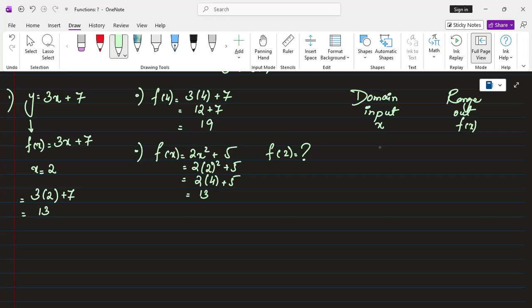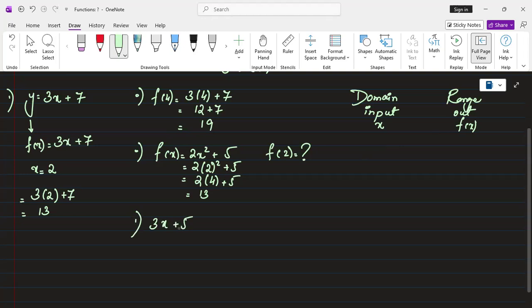Now, there's some restriction in domain and range. For example, we could have two types of functions. Number one, let the input be 3x plus 5.